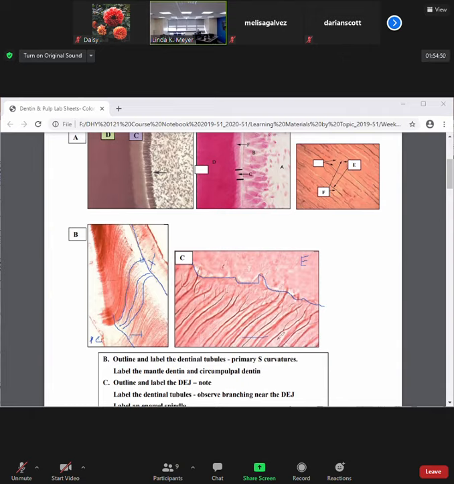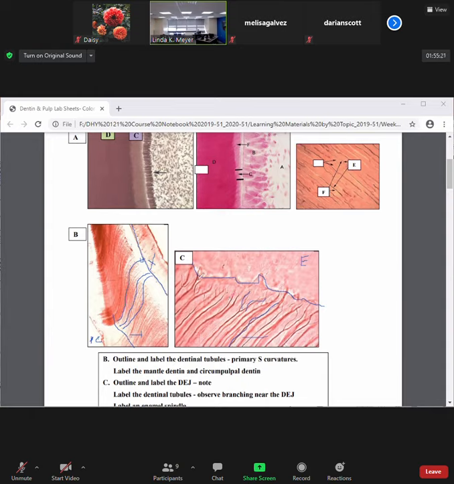On the right-hand picture, the higher magnification does show you, like where you see the white outline is the tubule, and inside the tubule is the odontoblastic process. And it shows how they branch at the DEJ. You can see the branching and the branching of the odontoblastic process, and then therefore the tubule also branches.